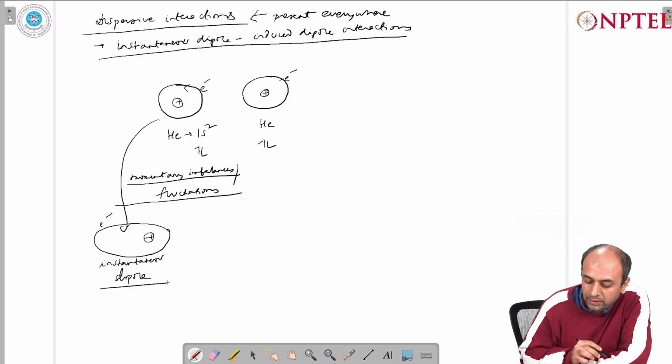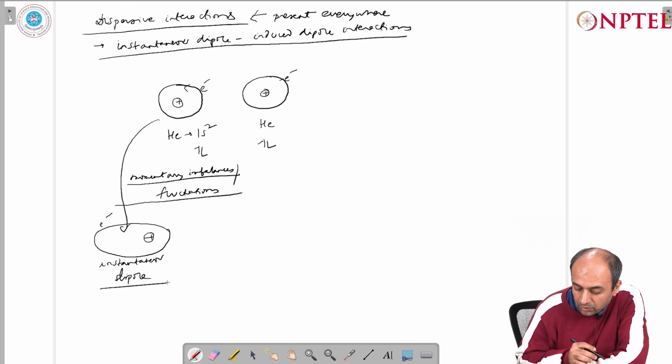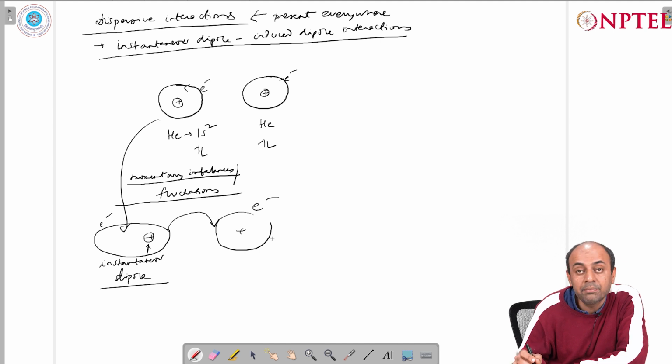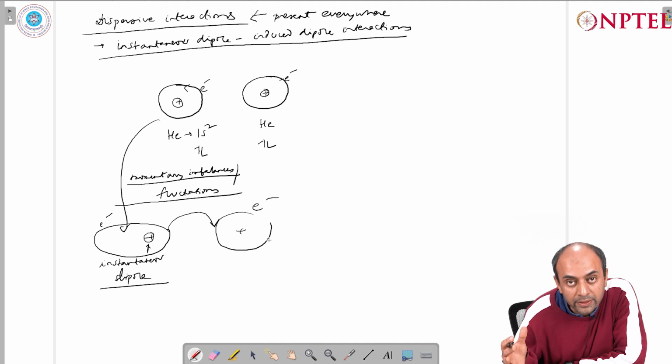This creates an instantaneous dipole within the atom, because now you see there is a momentary imbalance, a fluctuation, and you can see that the nucleus is towards one end and the electron is more towards the other end, and this instantaneous dipole can now induce a dipole in the neighboring helium atom with which it is interacting.